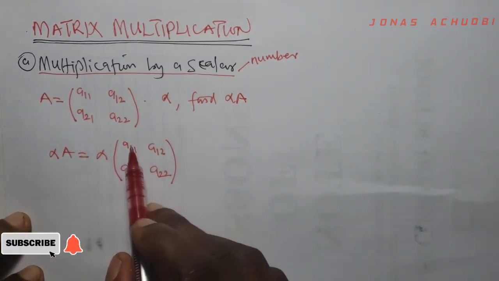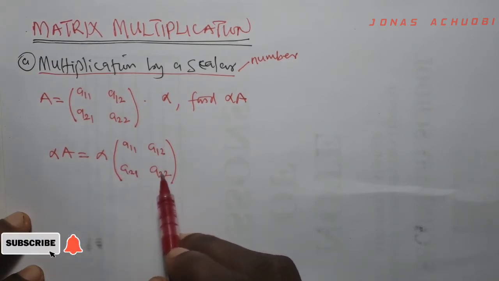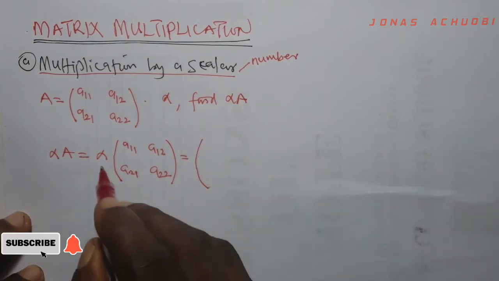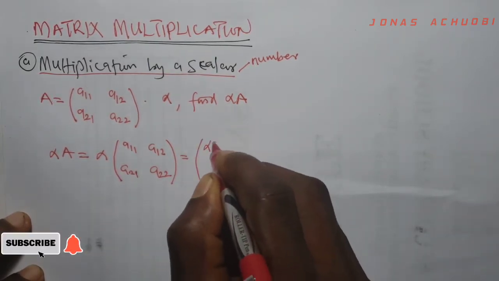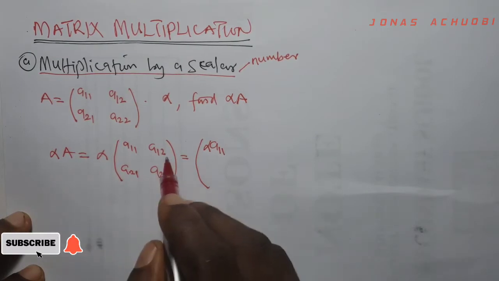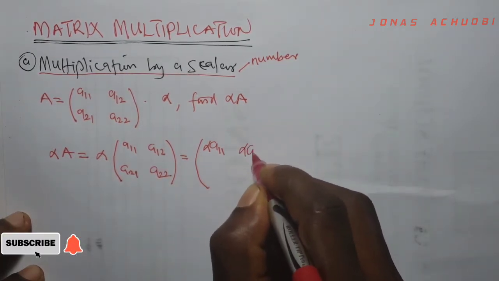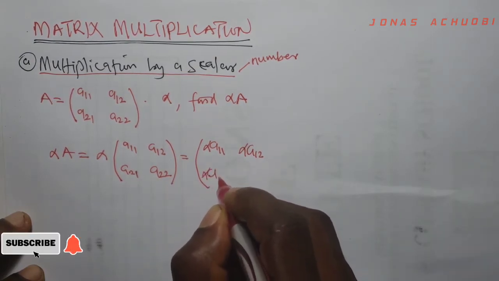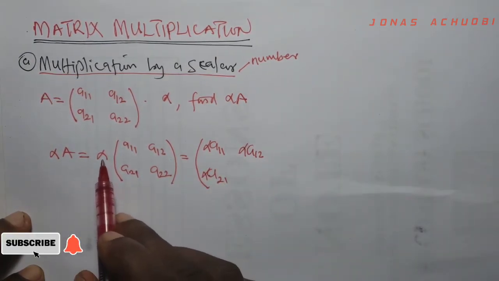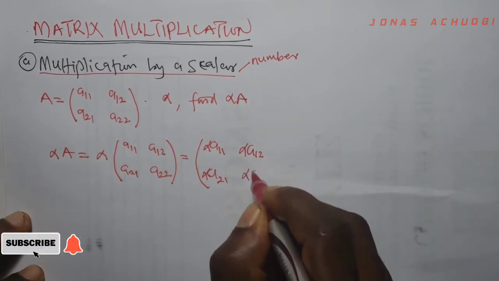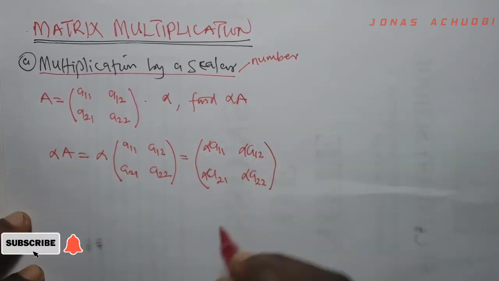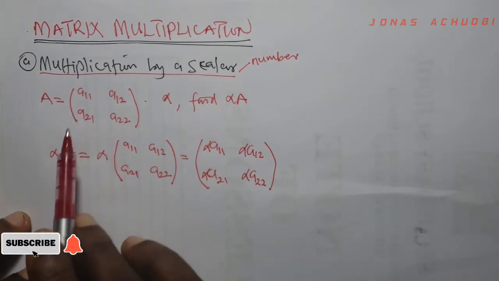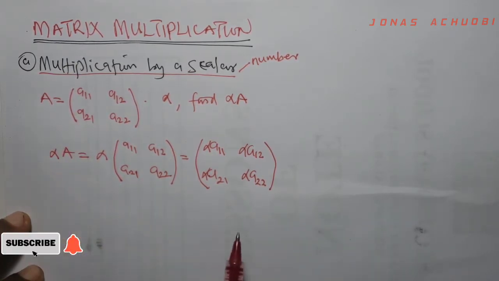We multiply each entry of matrix A by the scalar alpha. So alpha times A11 is alpha A11, alpha times A12 is alpha A12, alpha times A21 is alpha A21, and finally alpha times A22 is alpha A22. So when we do this, we say that we have multiplied this matrix A by a scalar alpha.